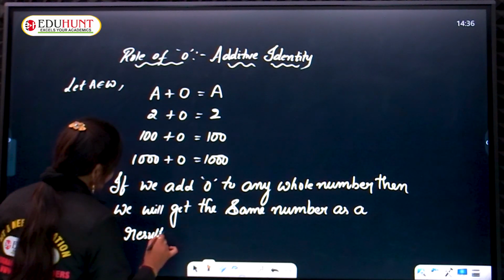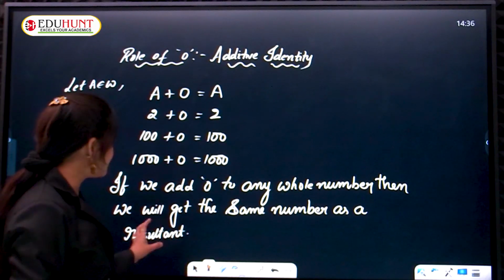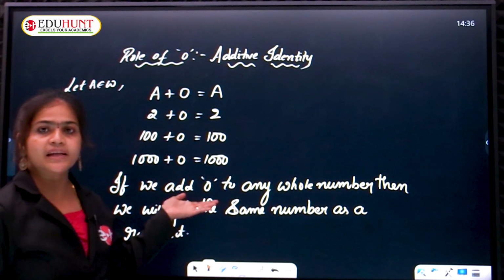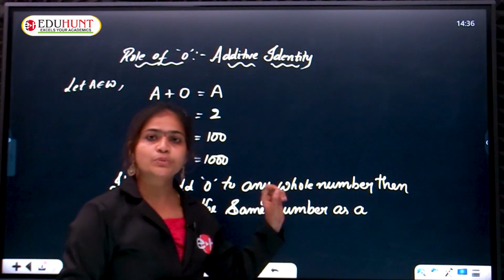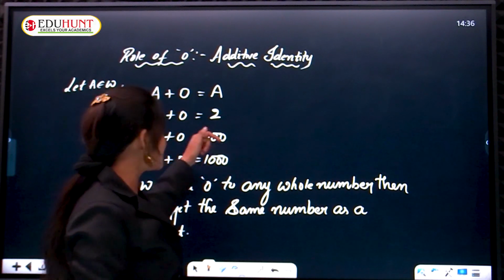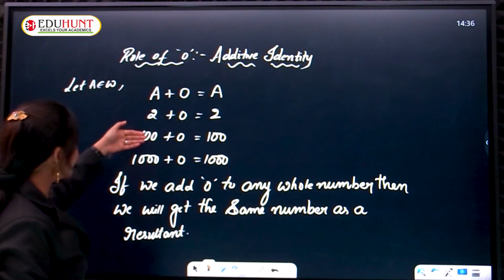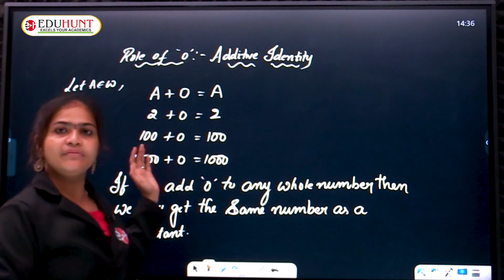Okay children, what we can say from this one? If you add 0 to any number, then again you are getting the same number itself. From this one, which one is that additive identity element? Here numbers are changing. Just observe that here we take 2, 100, 1000 and so on, which means any whole number we can take here.